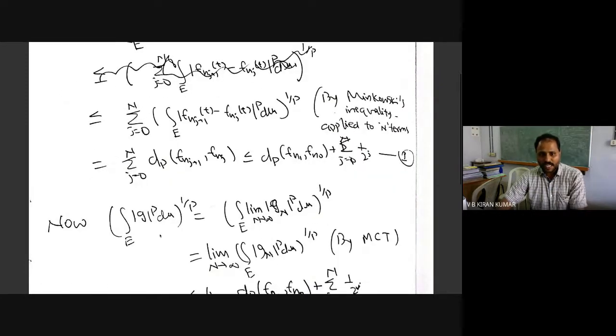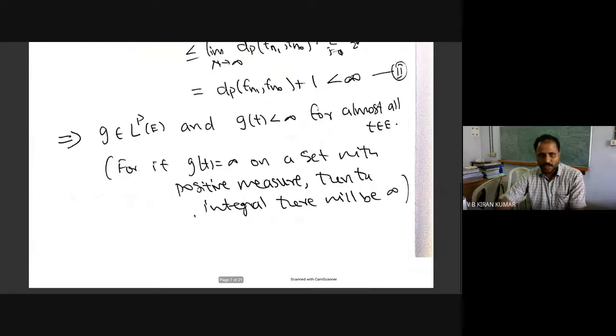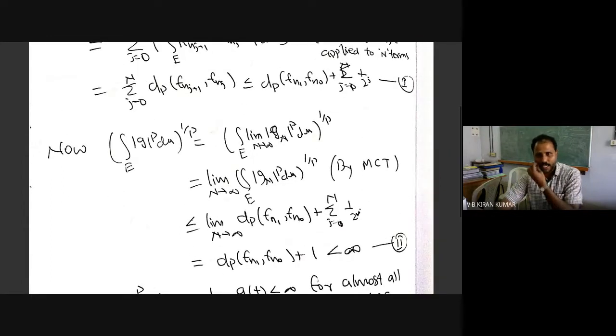Now you look at the integral over E of mod g power p, all power 1 by p. Recall the definition of g: g is the limit of g_N, the Nth partial sum of this series, so g_N converges to g. Now this limit you can take outside because of the monotone convergence theorem.